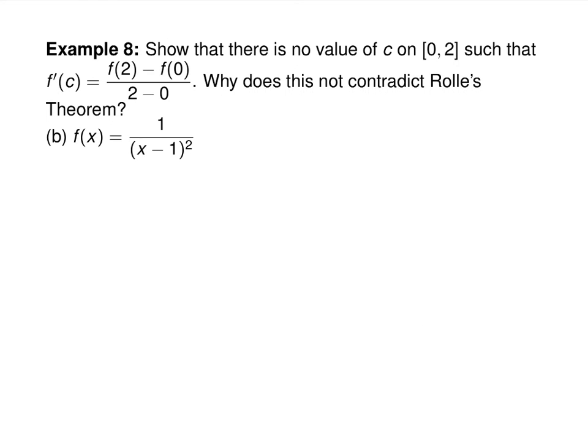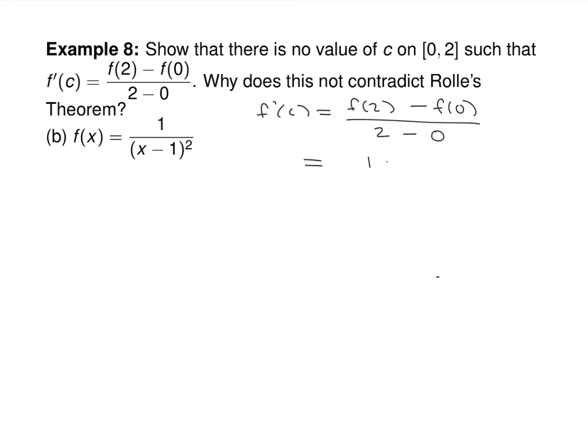Okay. Now this one. Show that there is no value of c where the derivative is equal to, in this case, the same thing. So f prime of c equals, what is f of 2 in this case, for this function? Okay, 1, f of 2 is 1.